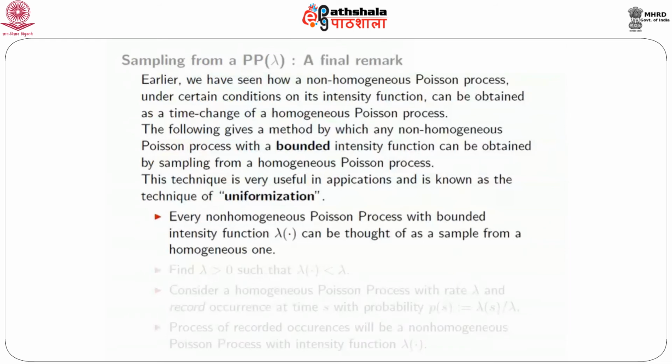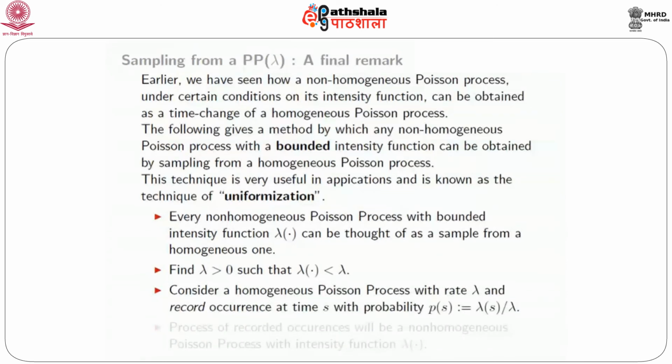Well, here's the construction. Find a positive lambda such that the values of the function lambda(t) are dominated by lambda, the constant. There would be such a lambda because I am assuming that the intensity function lambda(t) is bounded above. Now consider a homogeneous Poisson process with rate lambda and record an occurrence at time s with probability p(s) equal to lambda(s) by lambda.